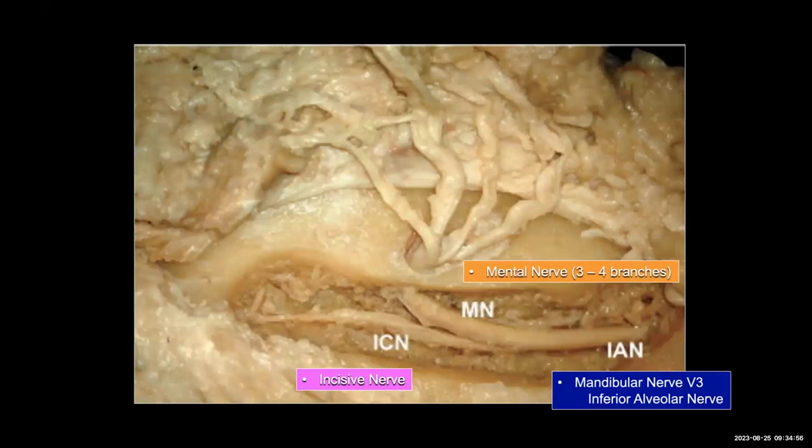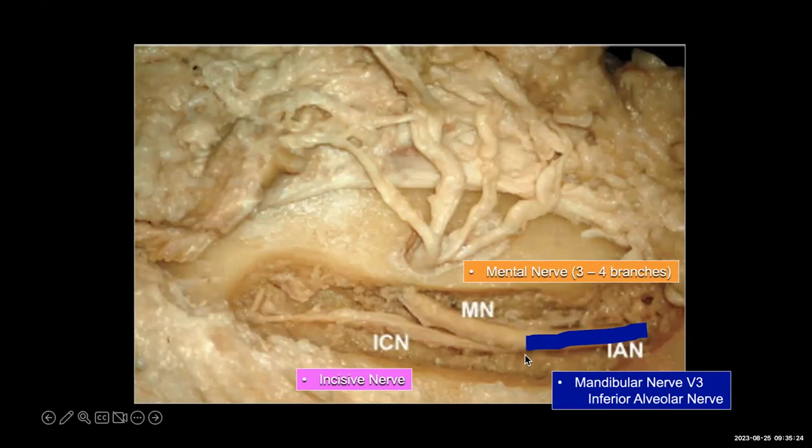So if you look at the anatomic names of these nerves, people will say, if they run into a nerve impairment in the mental foramen, they'll call it an inferior alveolar nerve injury. It's actually not. It's a mental nerve injury, because the inferior alveolar nerve goes up to about the first molar area.